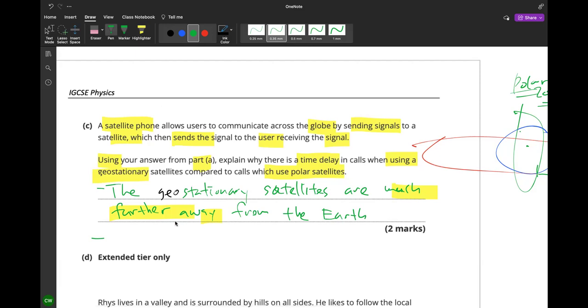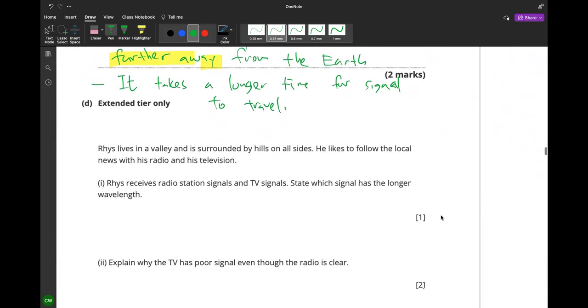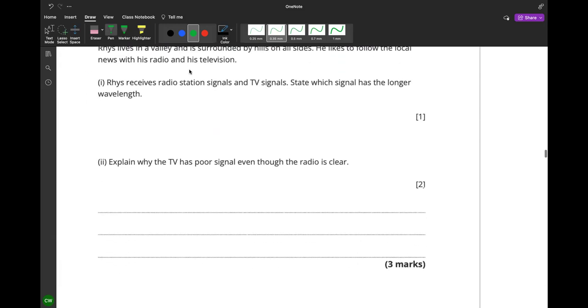It takes a signal a longer time to travel. Okay, you can do the last one.